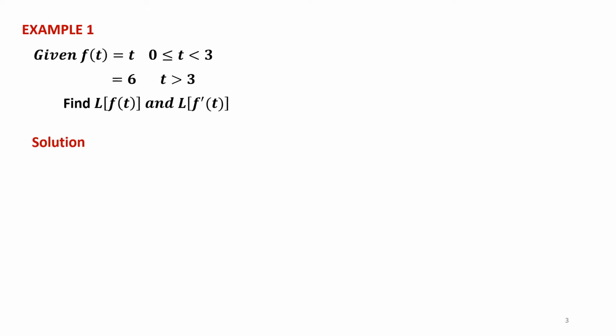For example, we are given a function f of t is equal to t for 0 less than or equal to t less than 3, and equal to 6 for t greater than 3. We have to find L of f of t and L of f dash of t.